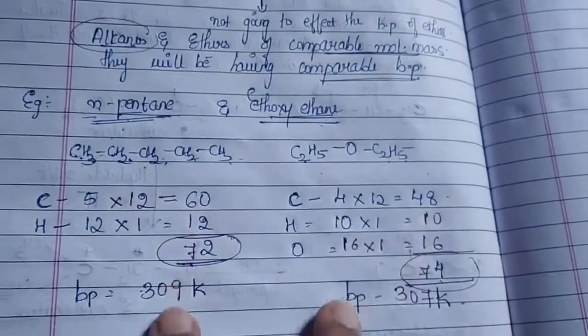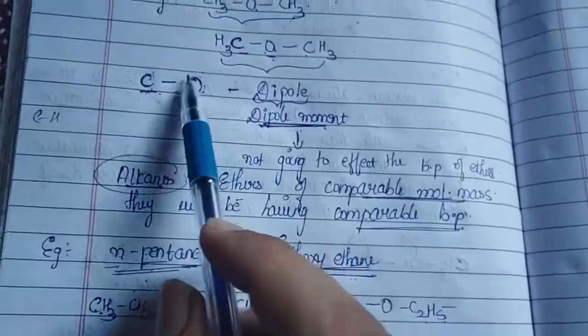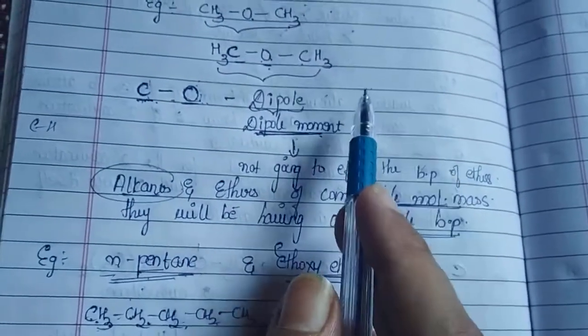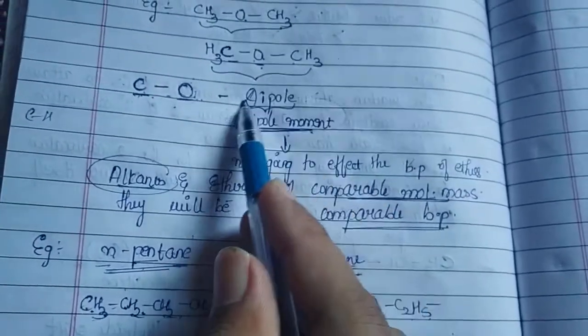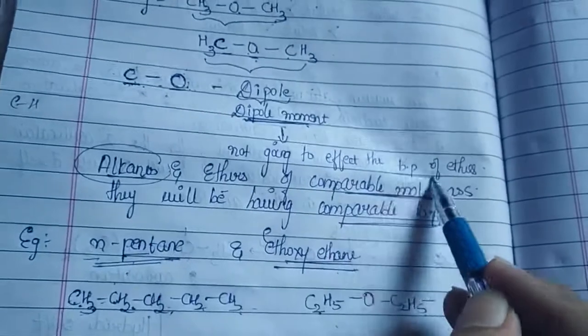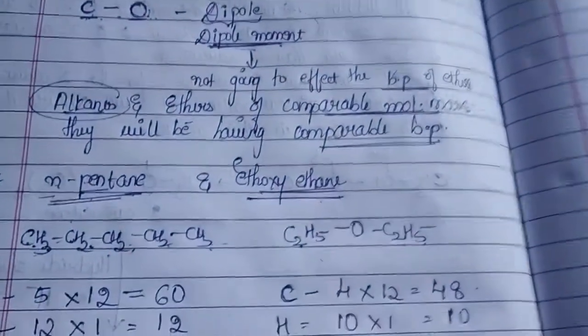So even though ethers have bond polarity, the dipole moment due to this bond polarity does not have an effect on the boiling point of ethers. This was the first important thing.